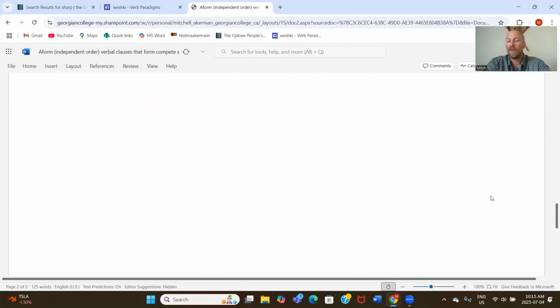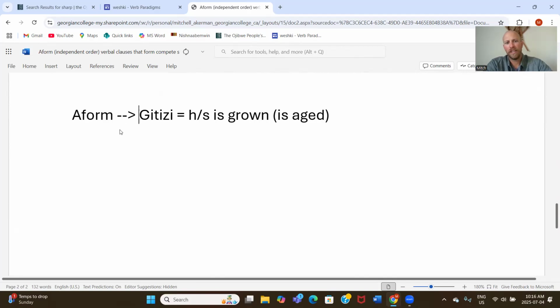Okay. What's cool is I could do something like this, which might look familiar. Gettizi. This means he or she is grown, or is aged. And I'll show you what we use it for after. So in A form, that's what it means: he or she is grown or is aged.